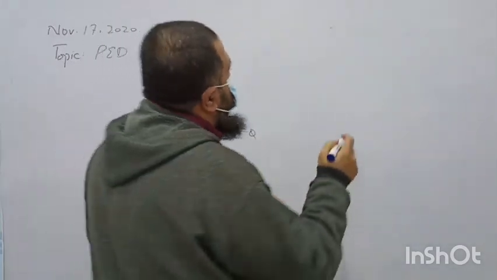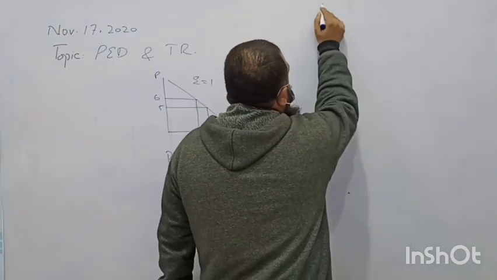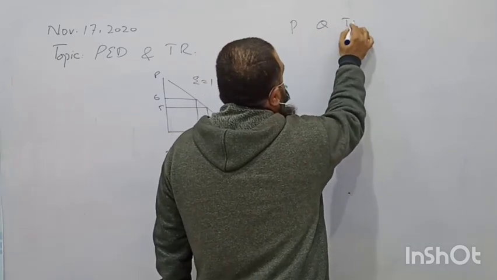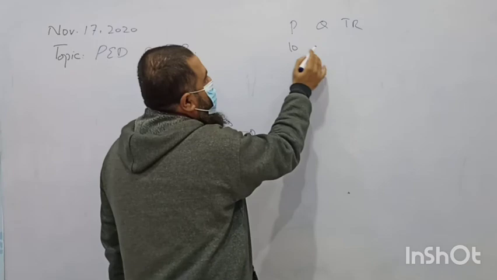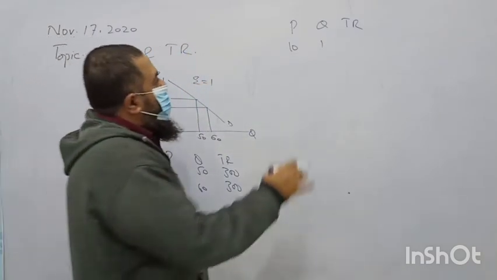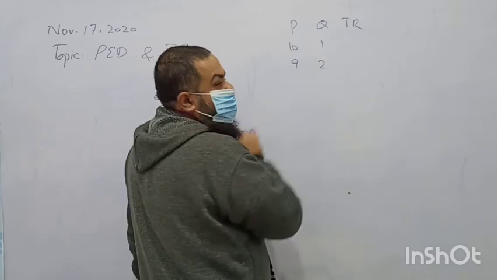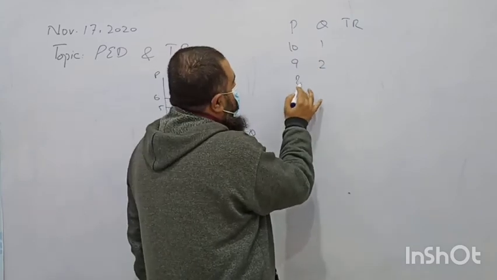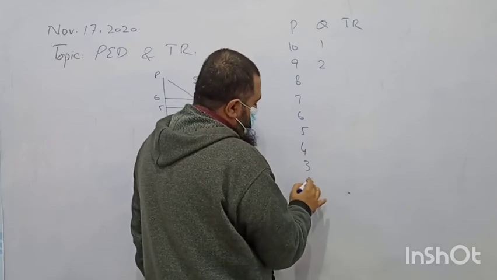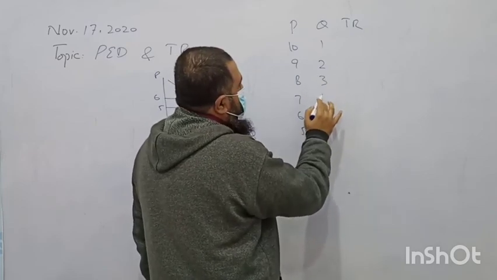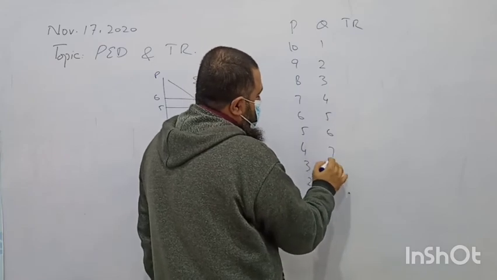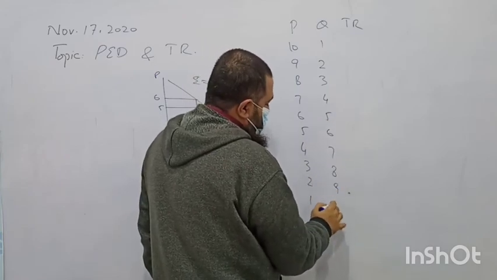Now the same demand curve, I'm going to do a trick with you people. Price is 10, 1 unit is demanded. Price is 9, second unit is demanded. At price 8, 7, 6, 5, 4, 3, 2 and 1, quantity is 3, 4, 5, 6, 7, 8, 9 and 10.